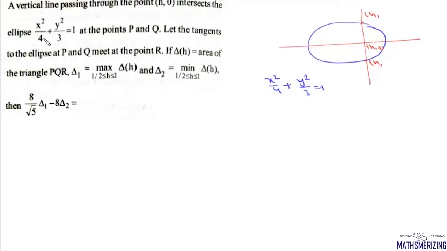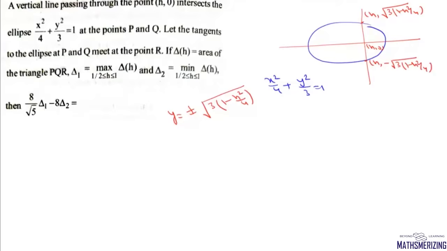Now we'll put the x coordinate as h, then we'll get the y coordinate as ±√(3(1 − h²/4)). So one of the points is (h, √(3(1 − h²/4))) and the other point will be (h, −√(3(1 − h²/4))).